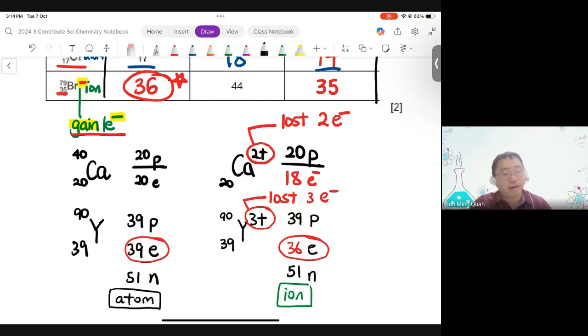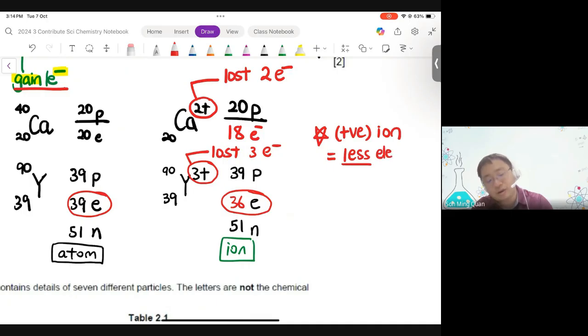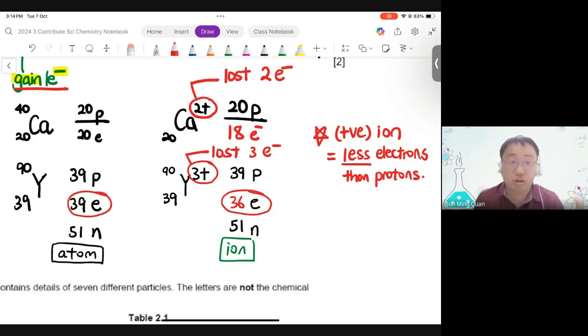And with that, we come to another key understanding, which is a positive ion is where you have fewer electrons than protons. It's positive precisely because you lost electrons. Ca2 plus lost 2 electrons from Ca, right? Y3 plus lost 3 electrons previously to form Y3 plus.